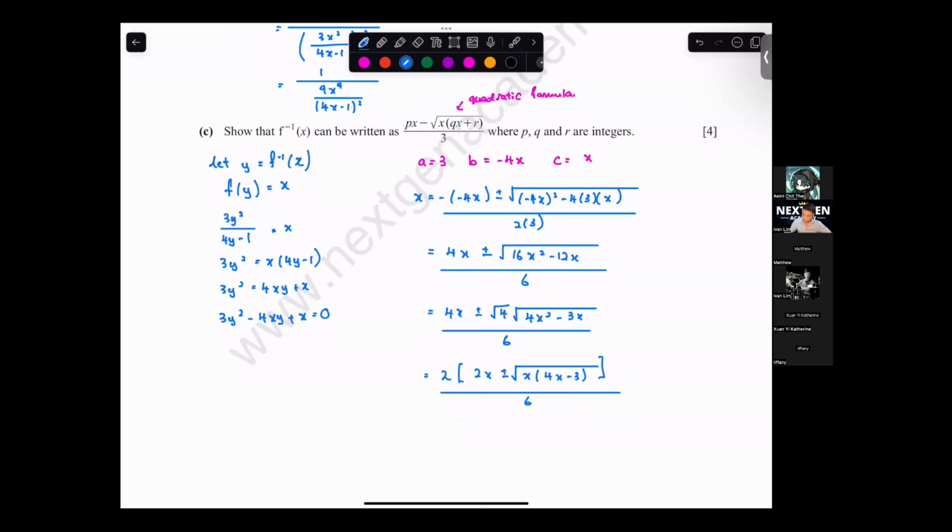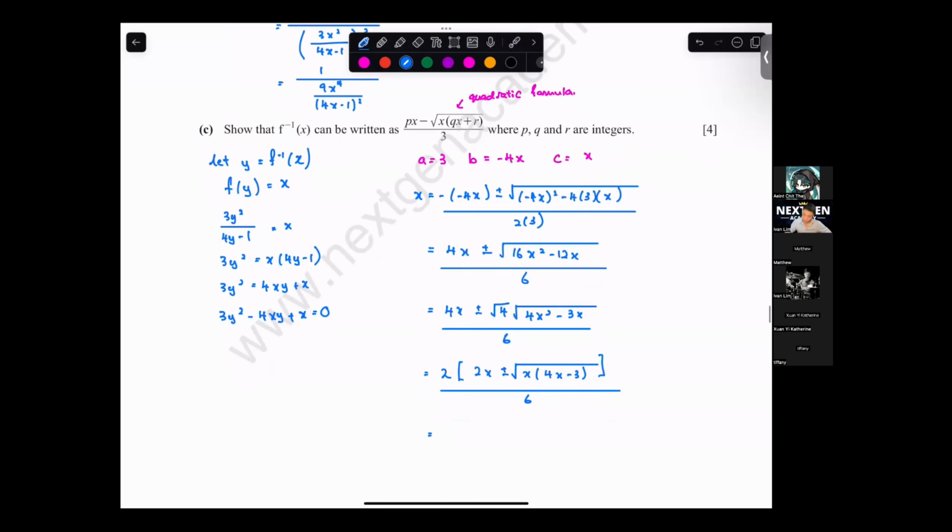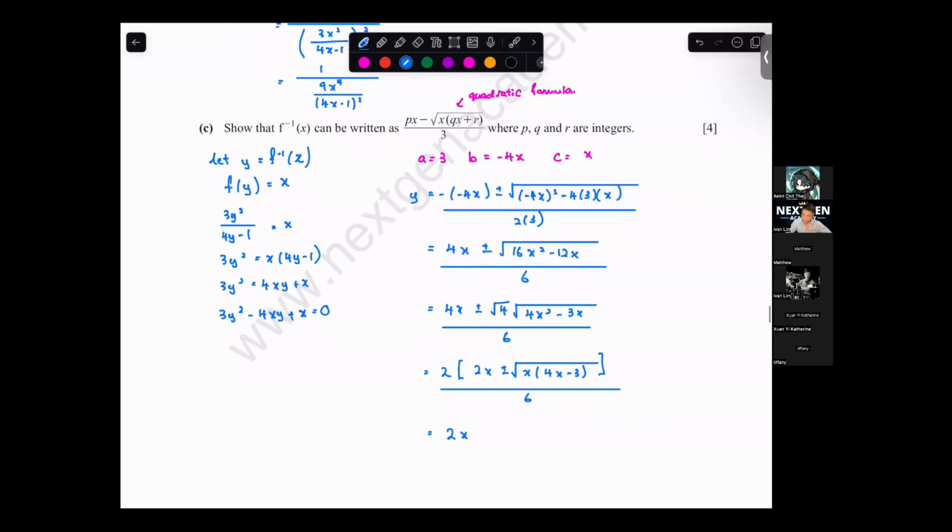Okay, can I simplify it further? Oh sorry, this one we are solving for y, not x, because y is the term that we are solving for. Okay, divide all by 3. So here 2x, they say we only want the negative, right? So you just take away the positive one.